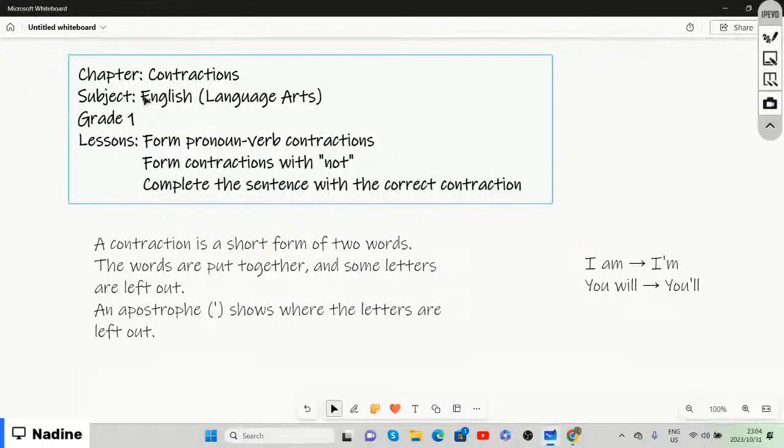Our subject is English Language Arts, Grade 1, and the lessons that we are focusing on today under the chapter of contractions is to form pronoun verb contractions, to form contractions with not, and to complete the sentence with the correct contractions. So that is going to be our chapter as well as our lessons for today.